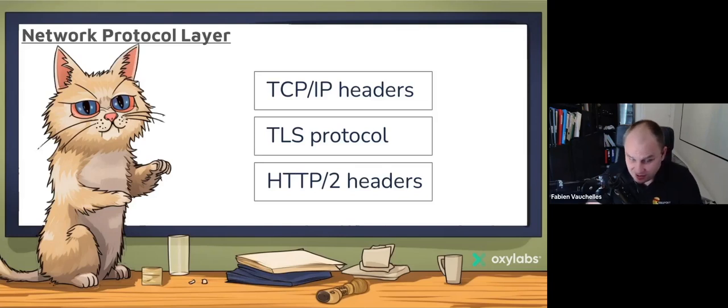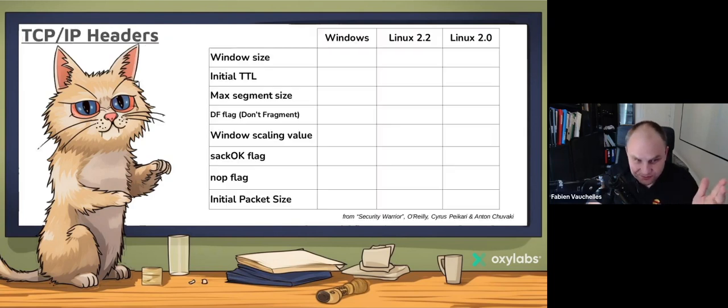Moving on to the second layer, let's understand the power of protocol headers. In this part, we can distinguish three protocols: TCP, TLS, and HTTP2. First up is the TCP protocol. The RFC describes how operating systems should implement the TCP protocol.